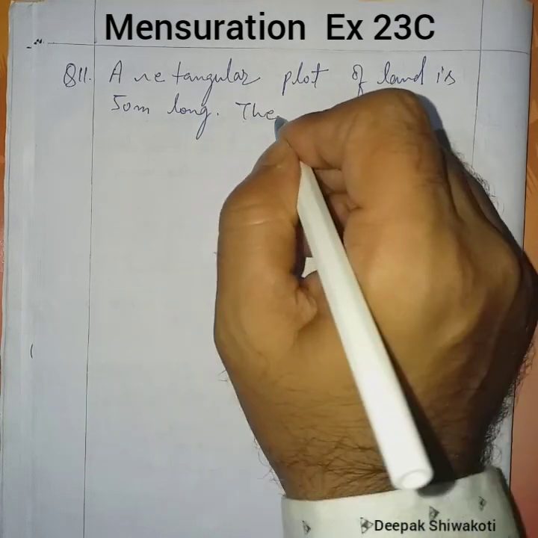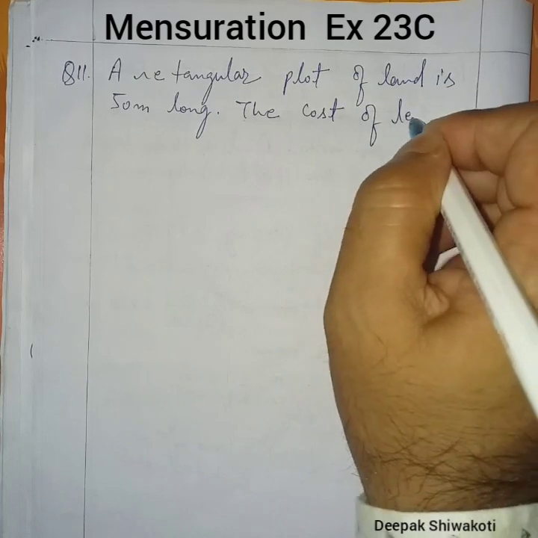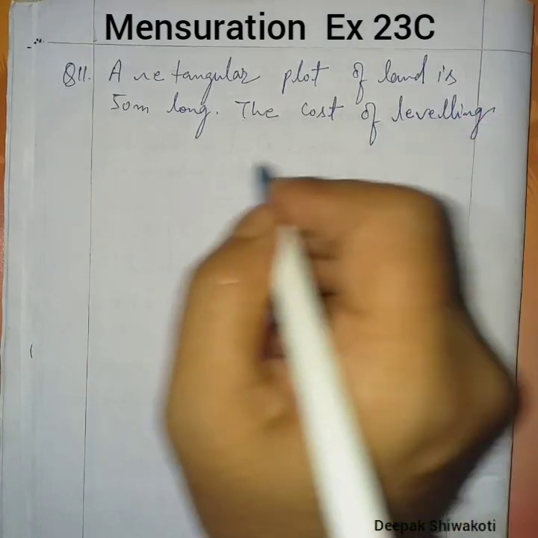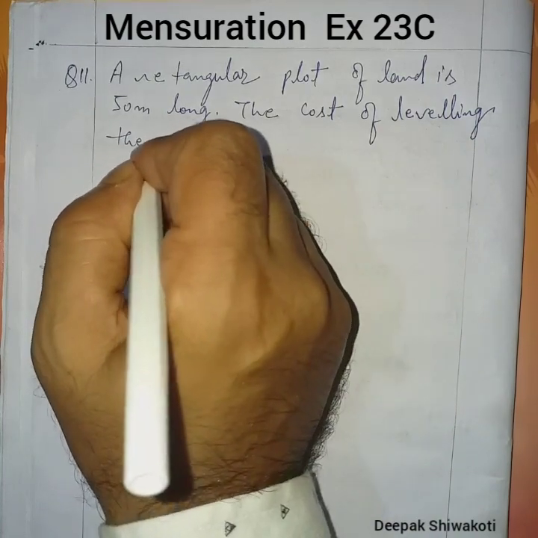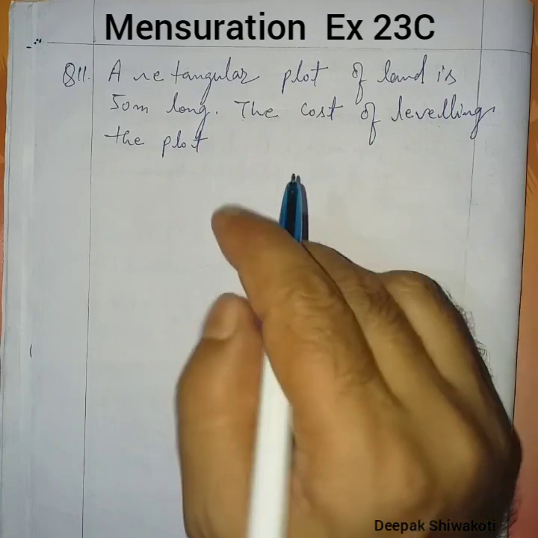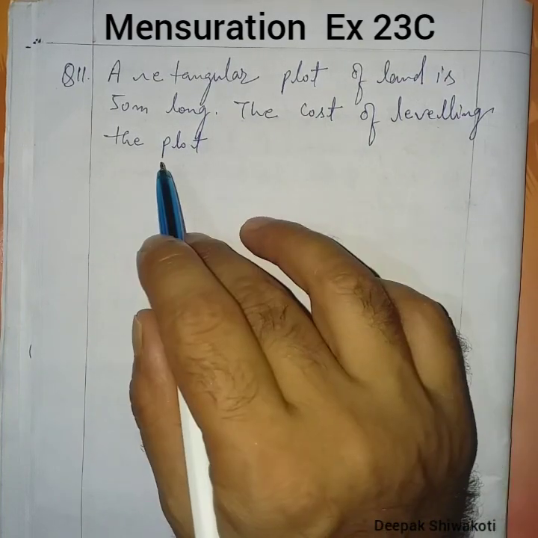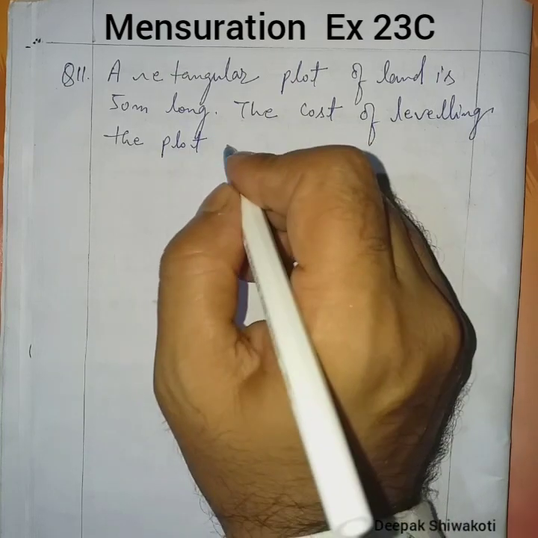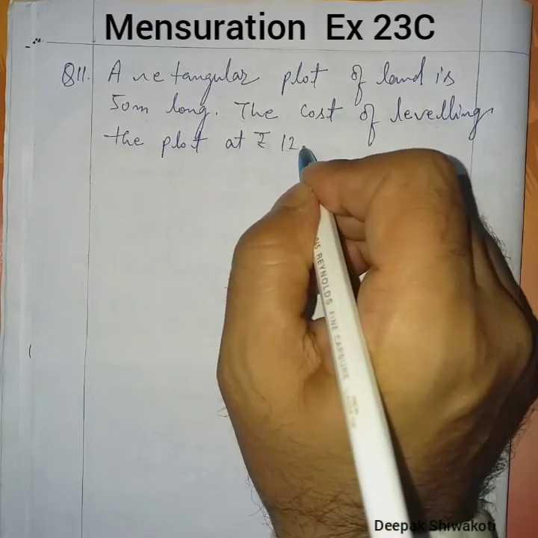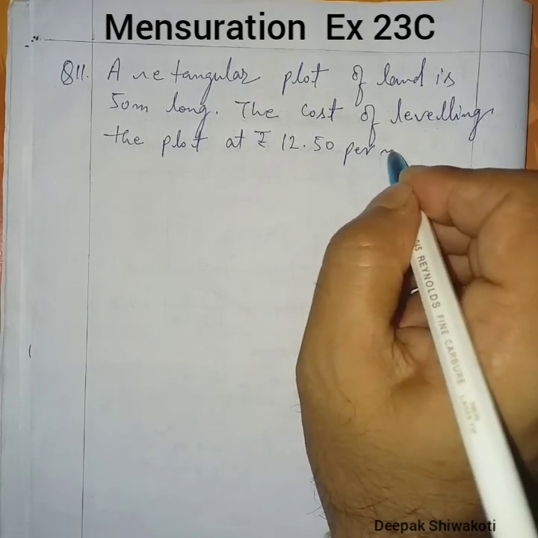The cost of leveling the plot. The plot is going to be leveled, at the cost of rupees 12.50 per meter square.